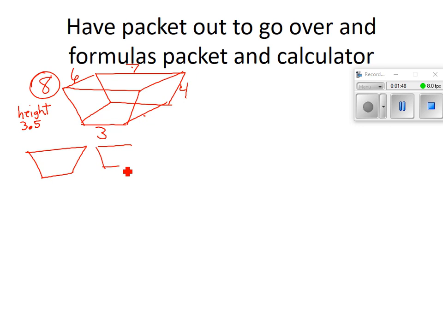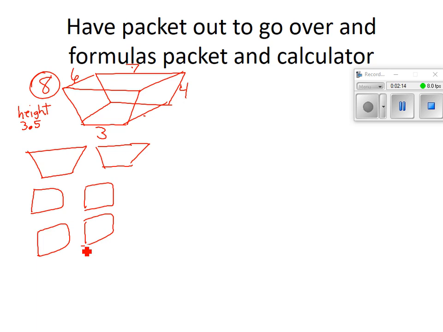What do we know about them? They're equal, so we find the area of one, we'll get the other. What other faces do we have? 4 rectangles. Are they all the same? No. We need to find the area of each one of those and add them all up. That's going to be our surface area.